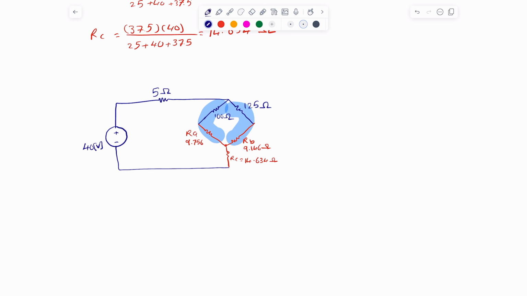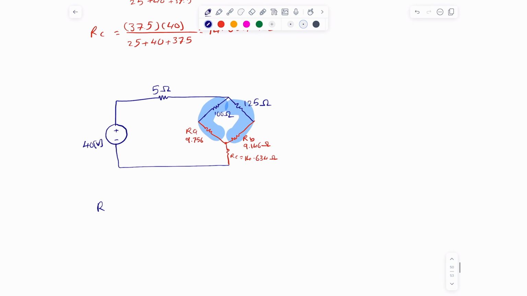Let's call them R1 and R2. So R1 is simply 125 plus 9.146 ohms, and R2 becomes 100 plus 9.756, and then R1 in parallel with R2 will give me some sort of a value. Let me just compute that.